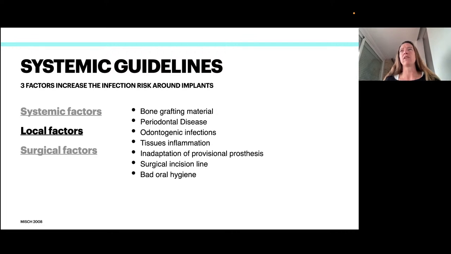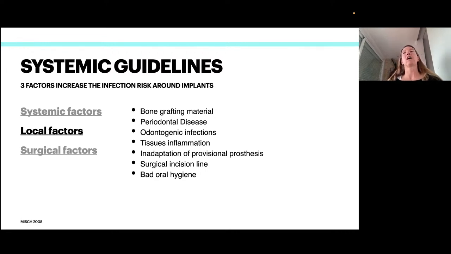Why? Because then the accumulation of bacterial plaque is higher and it's much more difficult to remove it. Besides this, of course, you can have tension in your prosthesis if, for example, it's a bridge where you don't have a good passive fit, and it can also lead to breaking of the prosthesis.